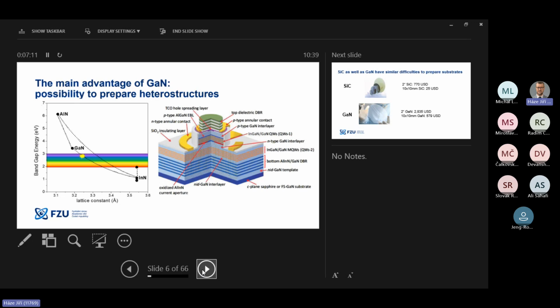This is something unique to nitrides, and silicon carbide or silicon do not have this possibility. So this is, in my opinion, the biggest advantage of those materials. That's why all of them will have their field of application where they cannot replace each other.